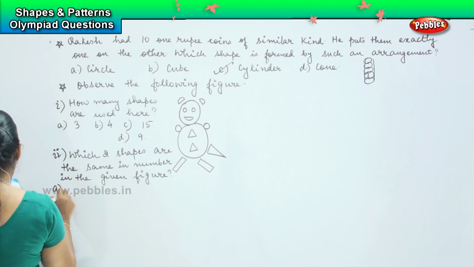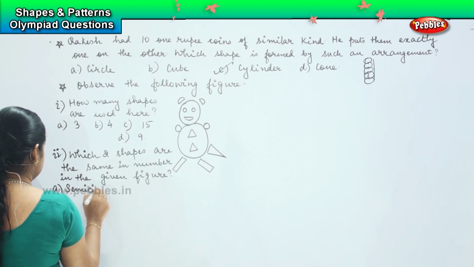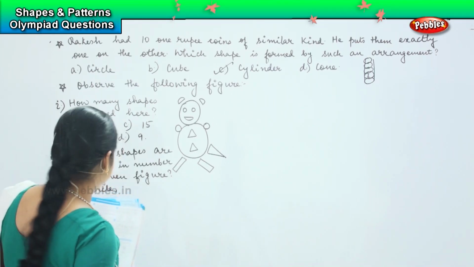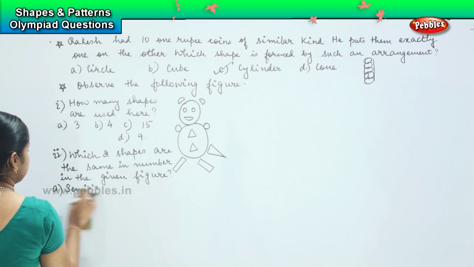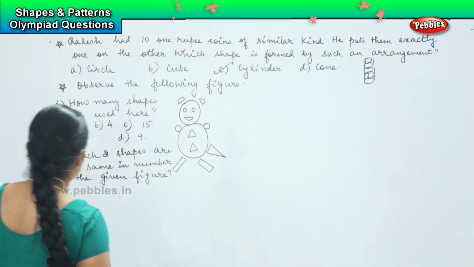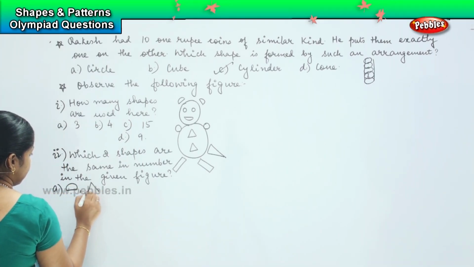And your options are: A, a semicircle and a triangle.